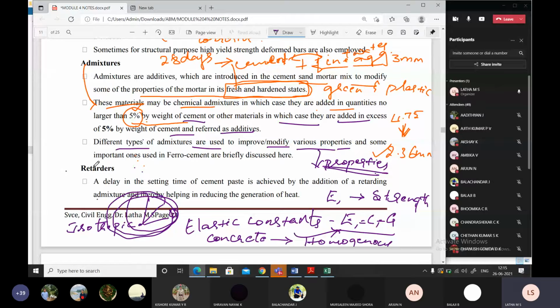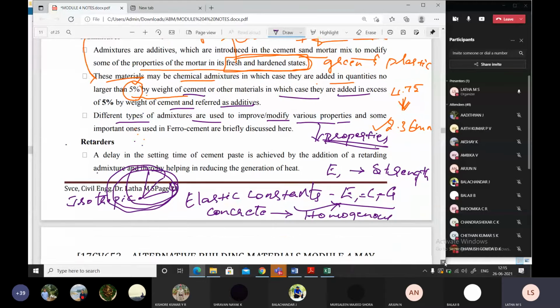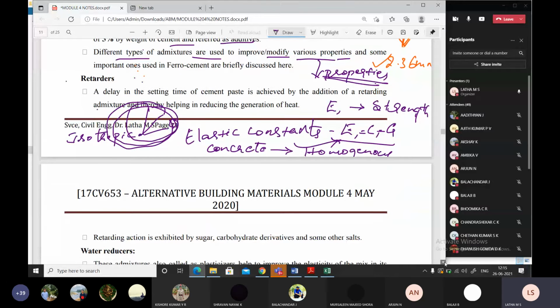Isotropic, homogeneous, anisotropic. If not, make an attempt to read all this. It is very, very important for a civil engineer to know all the properties. Don't ignore. You have studied this in strength of materials.